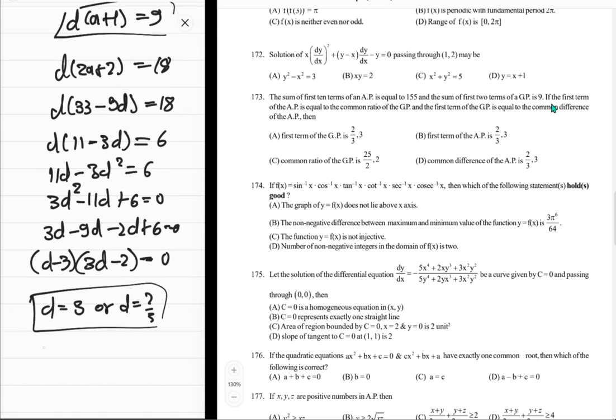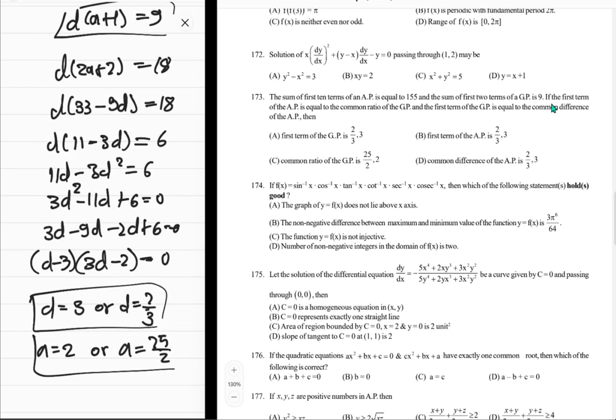So अगर D 3 है then A is 2 और अगर D 2 upon 3 है then A plus 1 equal to 27 upon 2. Oh, A is 25 upon 2.